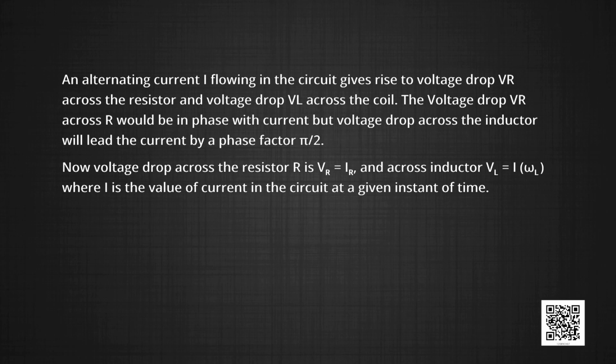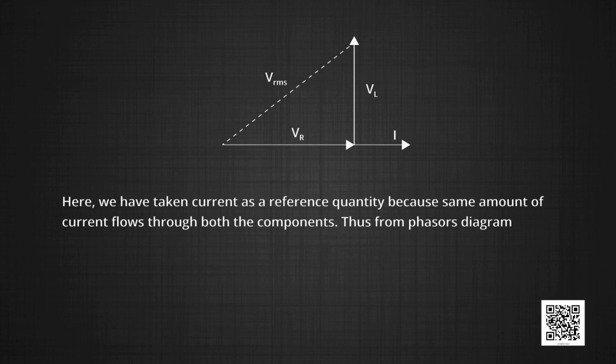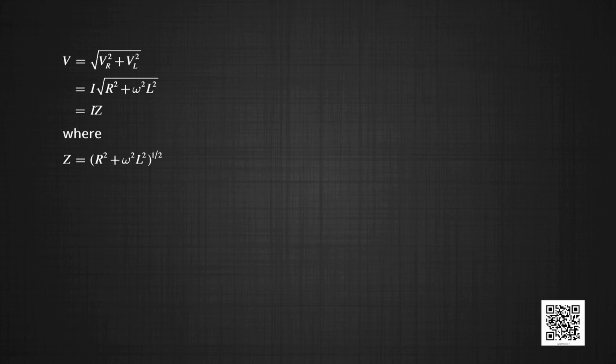So, the voltage phasor diagram for the LR circuit is as shown here. In the figure we have taken current as the reference quantity because the same current flows through both components. Thus, from the phasor diagram we can calculate V = √(VR² + VL²) = I√(R² + ω²L²) = IZ, where Z = (R² + ω²L²)^(1/2).